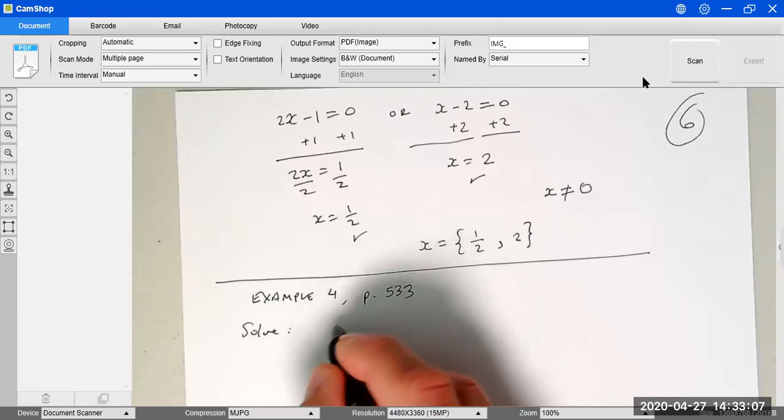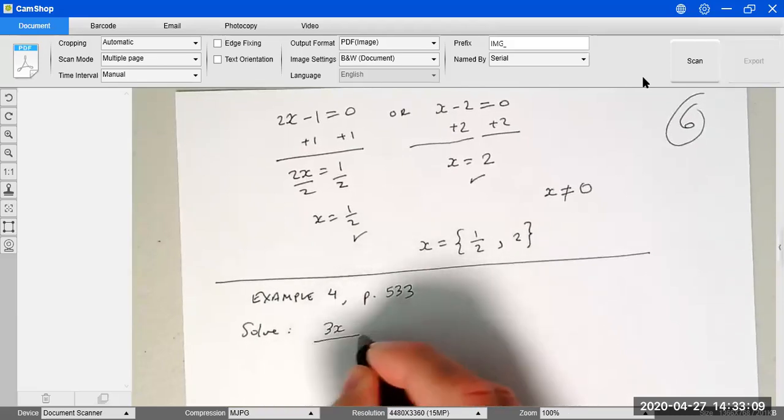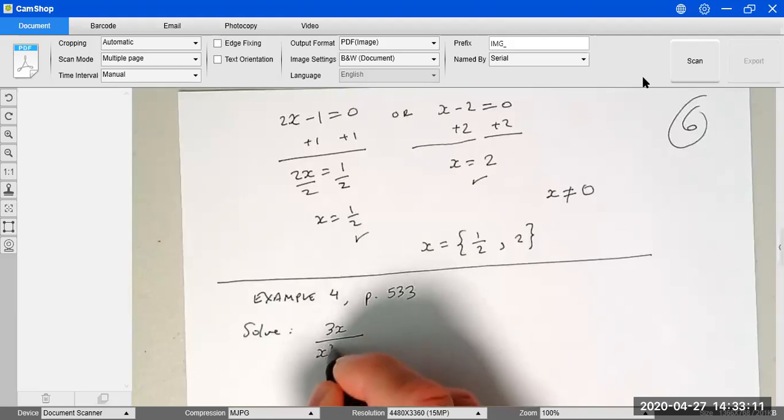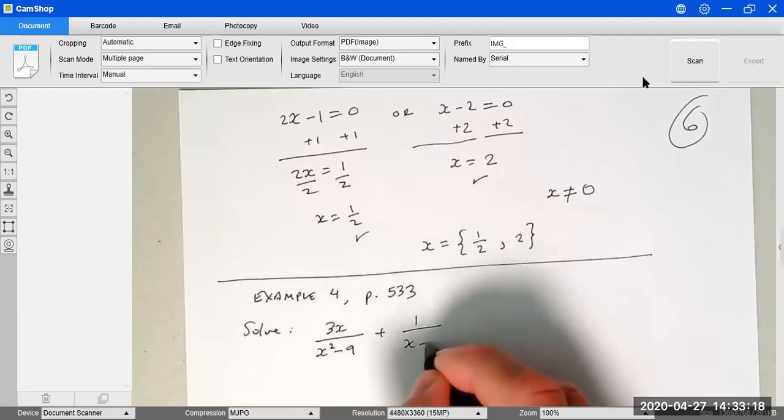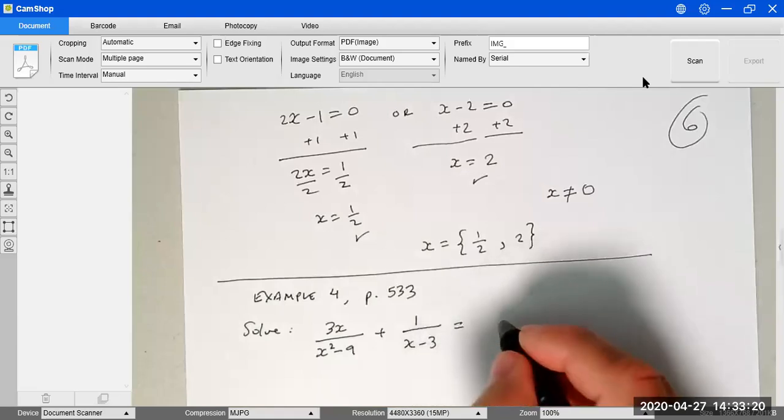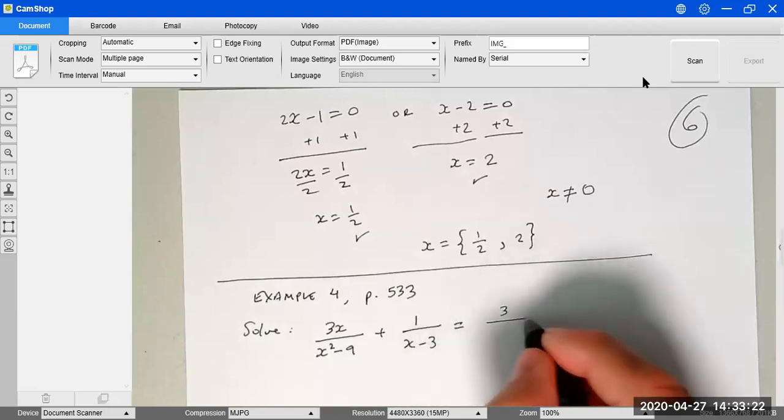So it's just 3x over x squared minus 9 plus 1 over x minus 3 equals 3 over x plus 3.